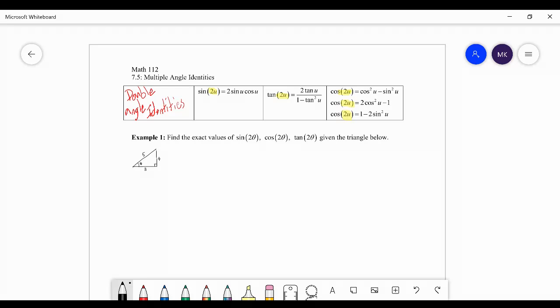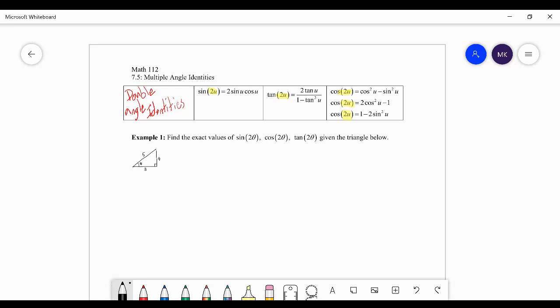Cosine, however, this gets a little trickier, and you may be kind of wondering, how is all of these true? And quite frankly, I don't really want to derive all of these for you. The first one here is using just the simple angle identity formula. So we end up with cosine squared u minus sine squared u.